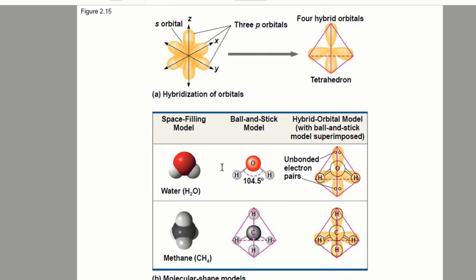If you check here on the water type, the space filling model and the ball and stick model, which shows unbonded electron pairs here for the hydrogen. We'll talk also, you can see the covalent bonds there, and some positive charges here, and then you see the description of the formation of CH4, which is methane, and H2O, which is water.